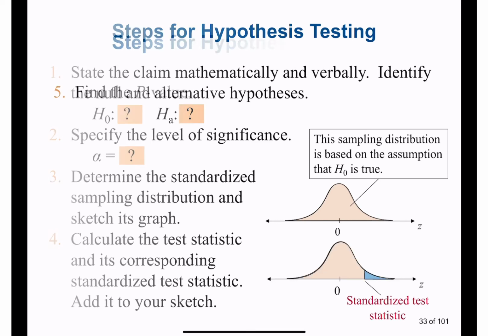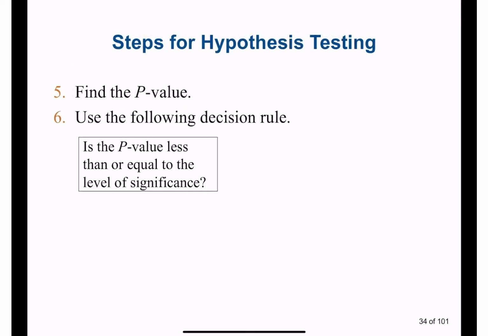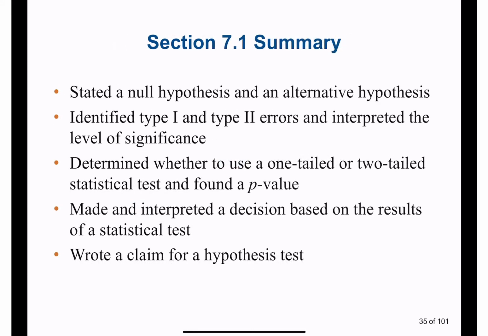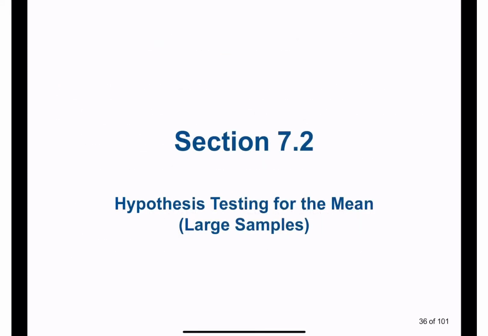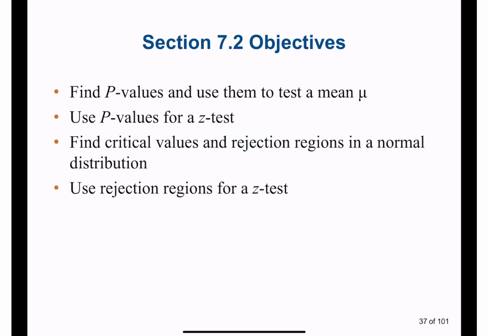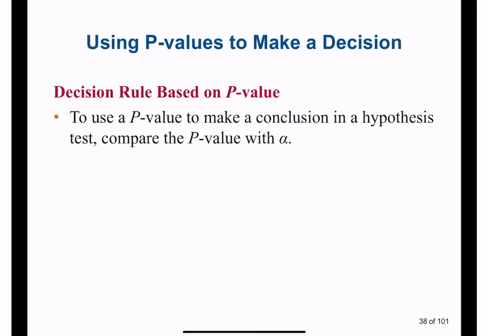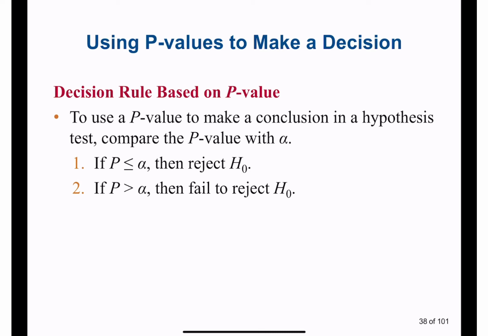I will cover all this as we go to the problem. So how are we going to use it? Based on the p-value, how are we going to test it? One more time: if the p-value is less than or equal to alpha, we reject the null hypothesis. If the p-value is greater than alpha, we fail to reject, which means we accept the null hypothesis.